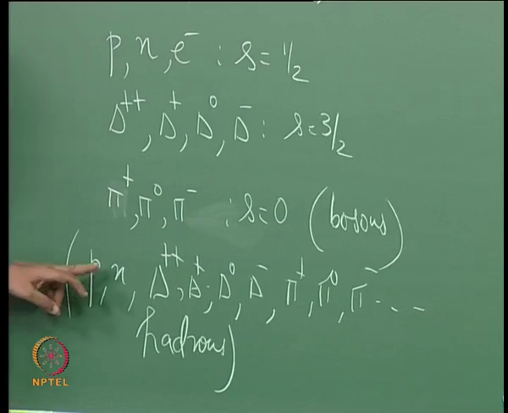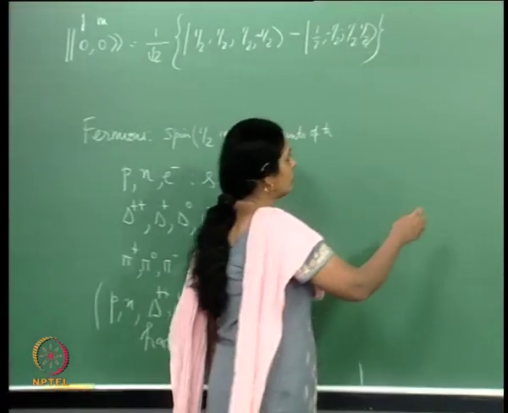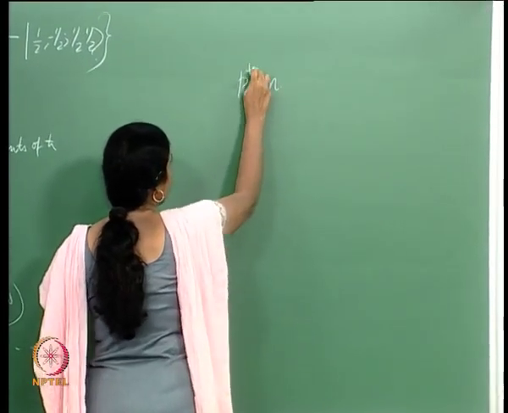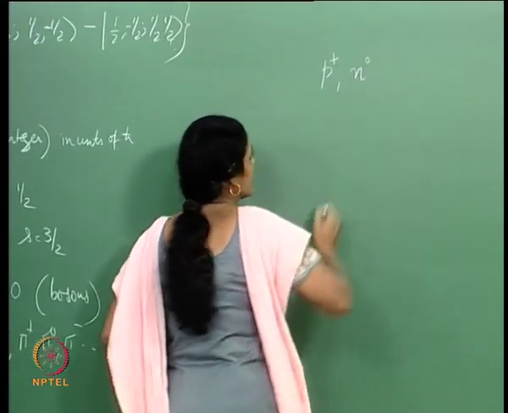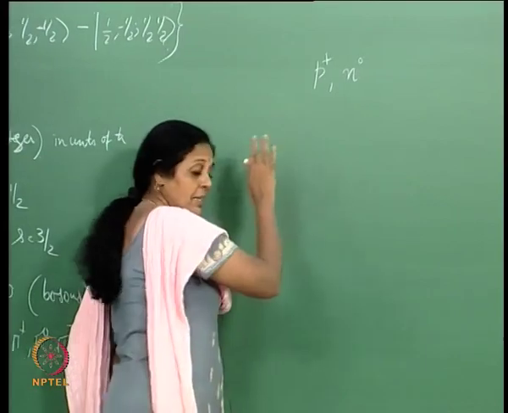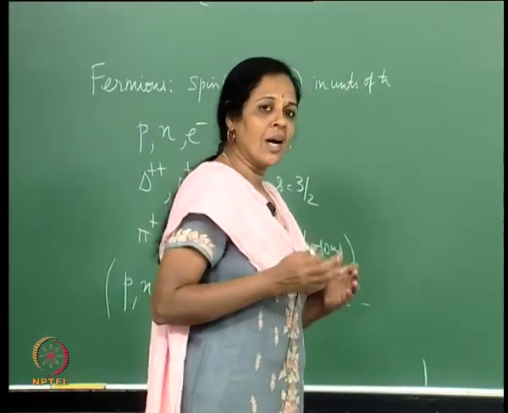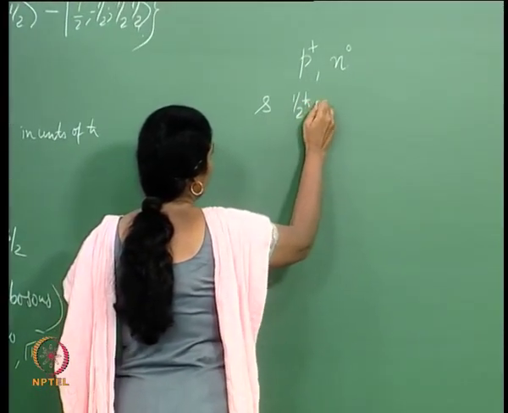If you look at the proton and the neutron, so I am going to look at some of the hadrons. Of course, the proton carries a charge plus e, and the neutron has 0 electric charge, it is electrically neutral. That is certainly a difference between the proton and the neutron. But if you look at the other quantum numbers, both of them have spin half h cross.